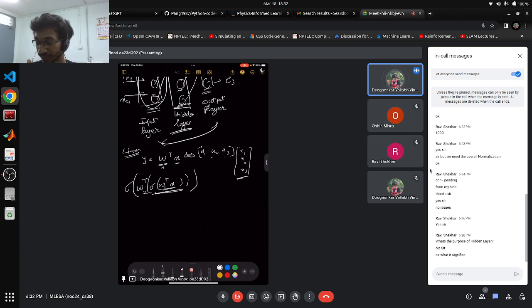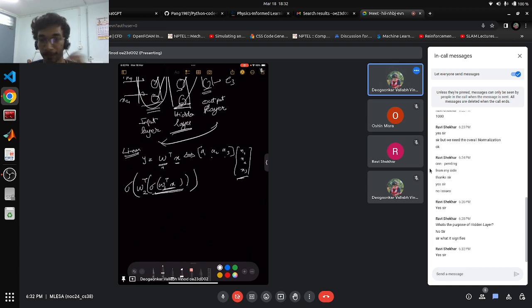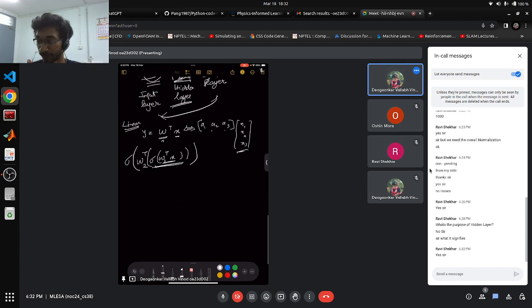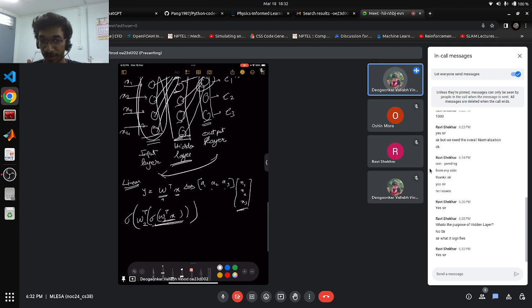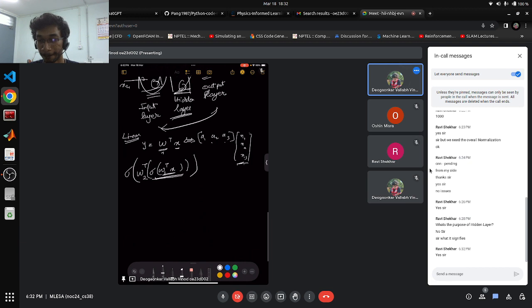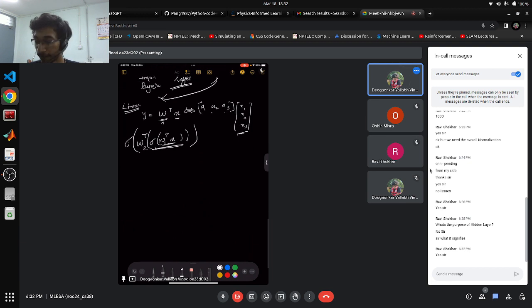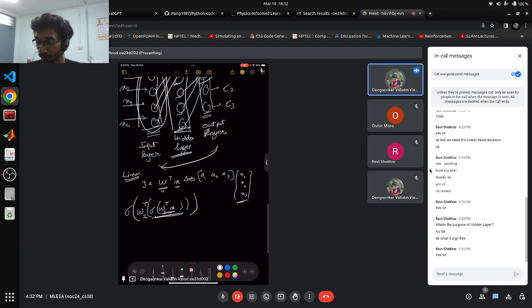So you can see that you increase the complexity of the model by introducing this. Is this part clear? If you increase the number of hidden layers, you can keep on increasing the complexity of the model. Each hidden layer will add more of these W's for you to train, basically.